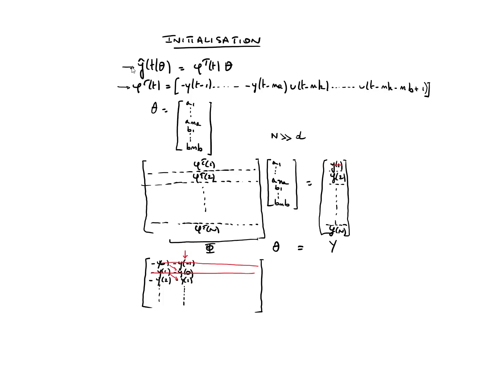So you see that after two equations, and 2 here is a hint, it's after NA plus 1 equations, you have all the information for the y's. But you can see over here that you also have u's, so you also have to check whether the information for the u's is available.